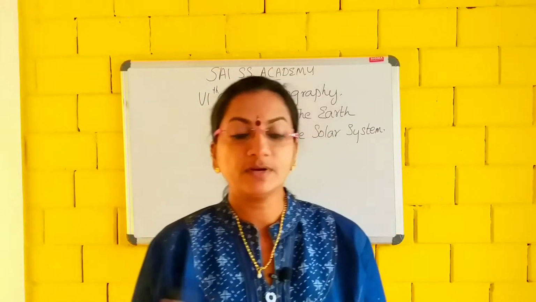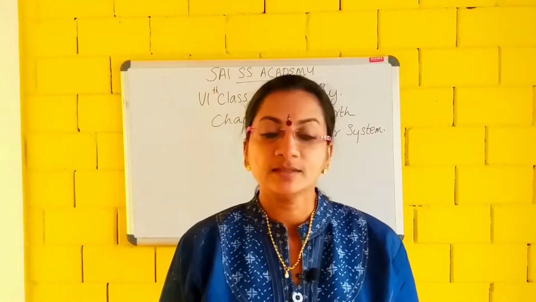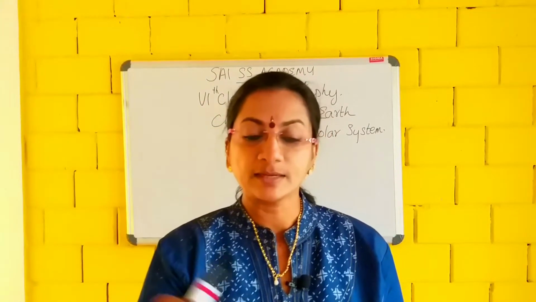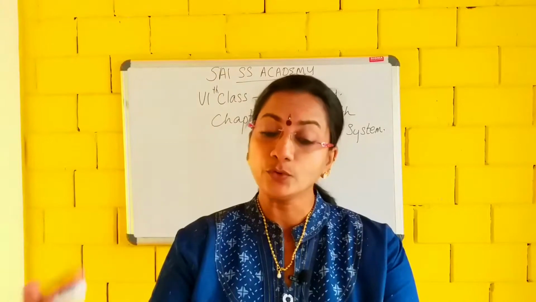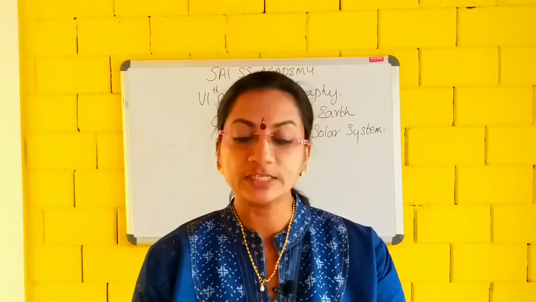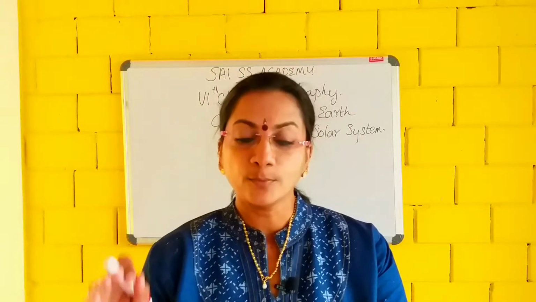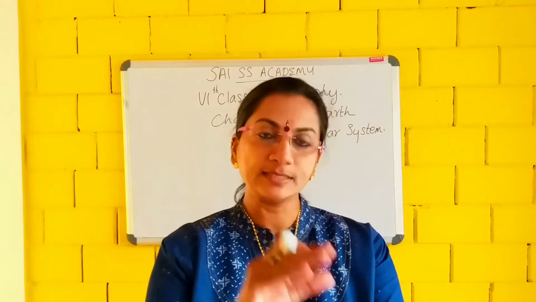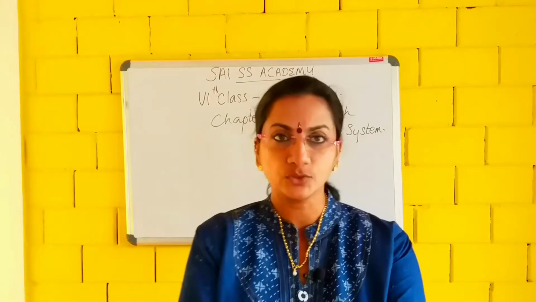What is geography? What is the definition of geography? The study of the physical features of the earth and its atmosphere and of human activity, including distribution of population, resources, political and economic activities. That means all these things come under geography.